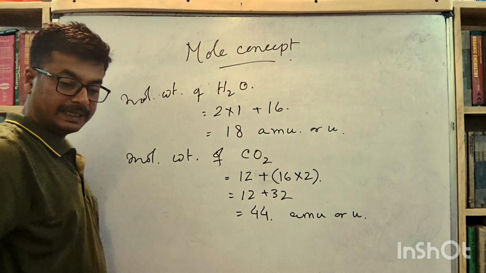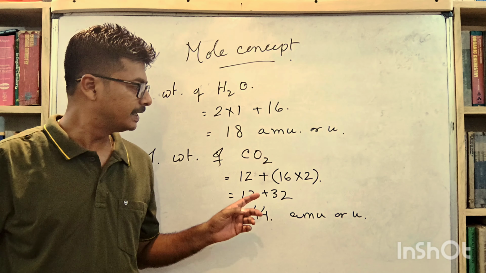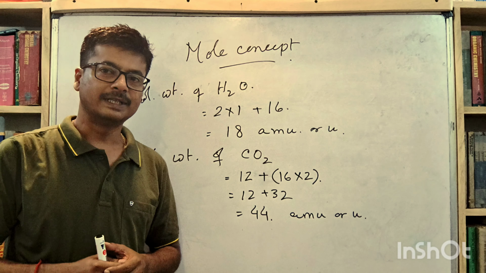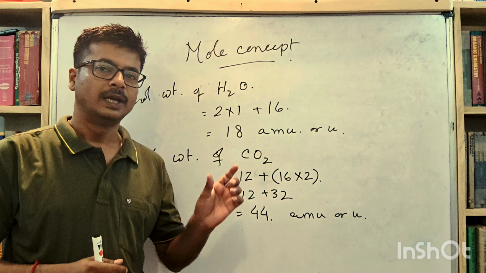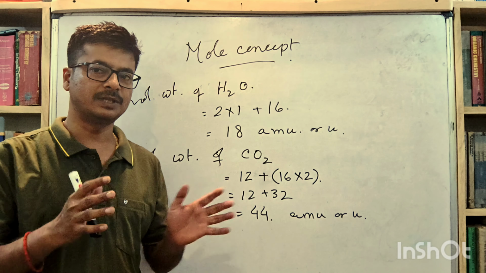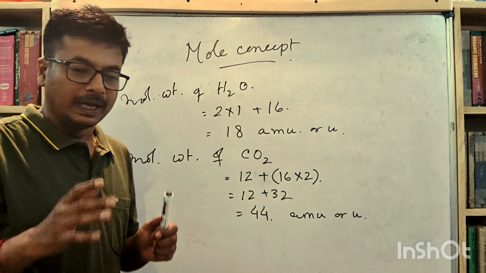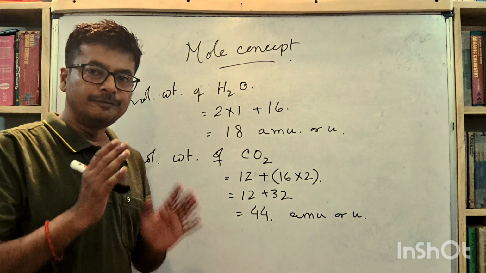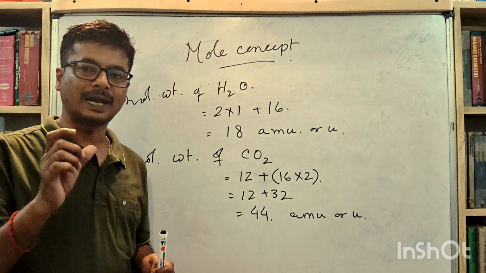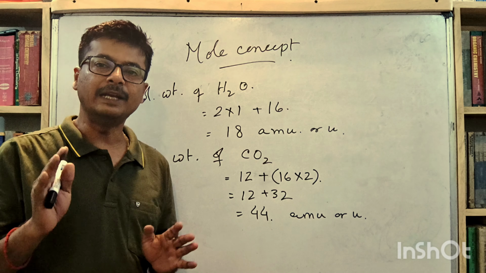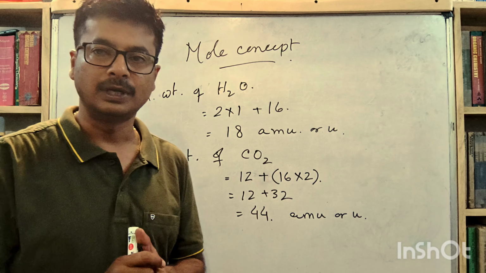Now the significance of Avogadro's number, or the significance of the number mole, 6.022 into 10 to the power 23. What is its use, how has it come, what is its importance? Avogadro has shown that if we take 1 gram mole of any substance, then it will contain exactly 1 mole of molecules.